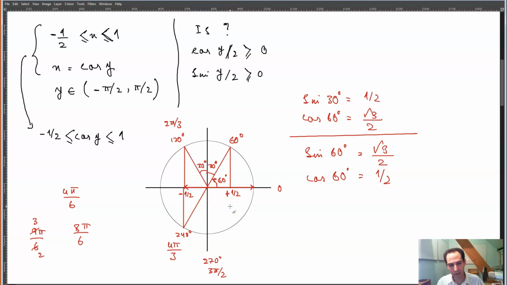It doesn't really matter what the angle is. You can move all the way up to here, and then all the way up to here, and then the cos of the angle will be between negative 1/2 and 1, right?